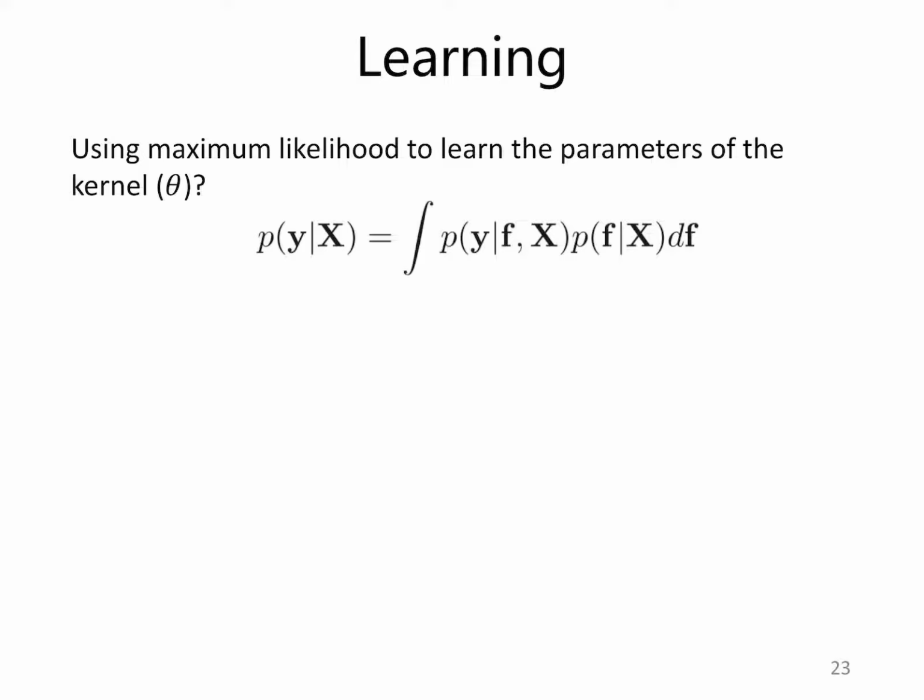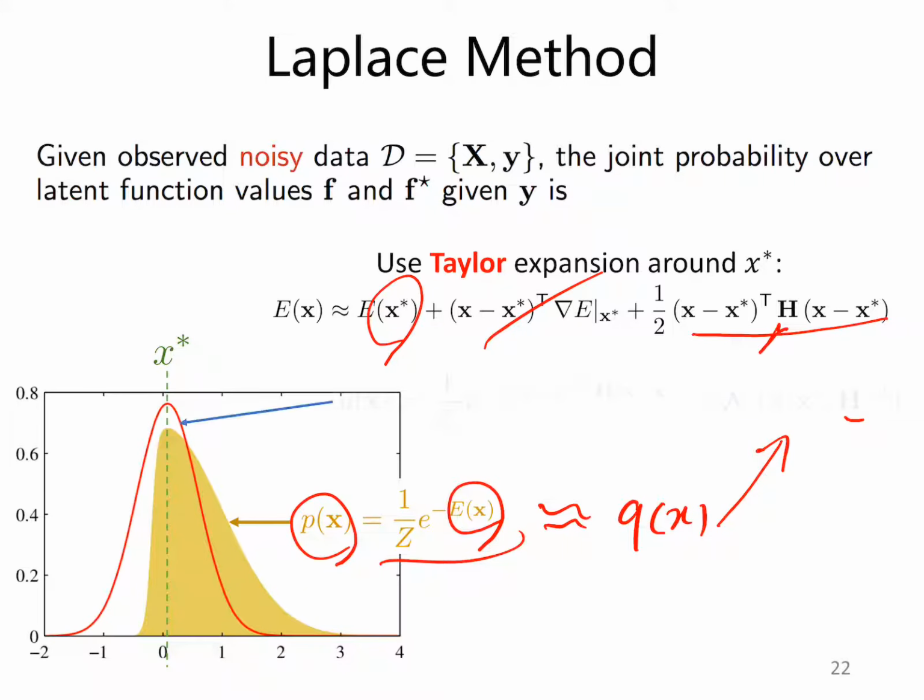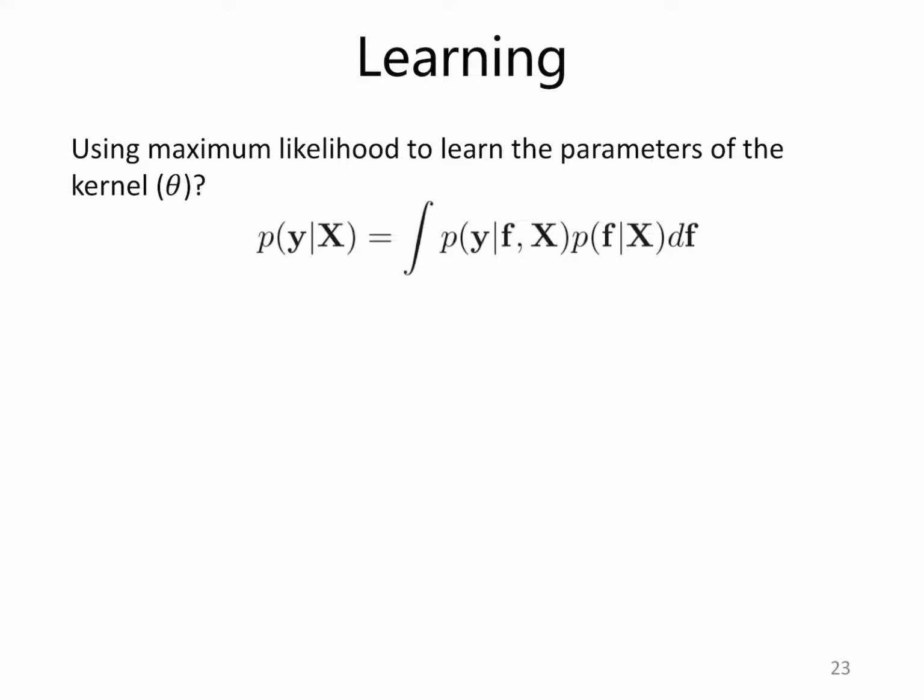Well, the approach that we always take is maximum likelihood. So what we do here is that this is my input features, this is my prediction, and this is the function that produced that prediction. This is my prior, right? And this is my likelihood.